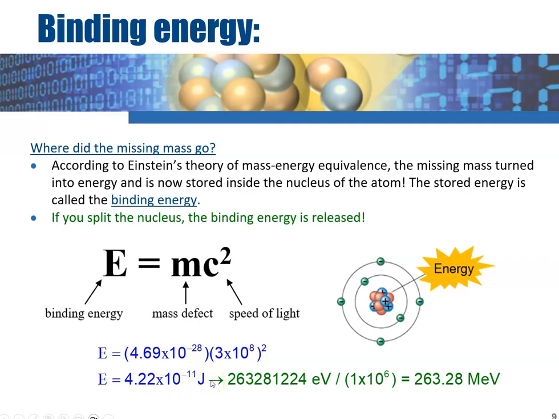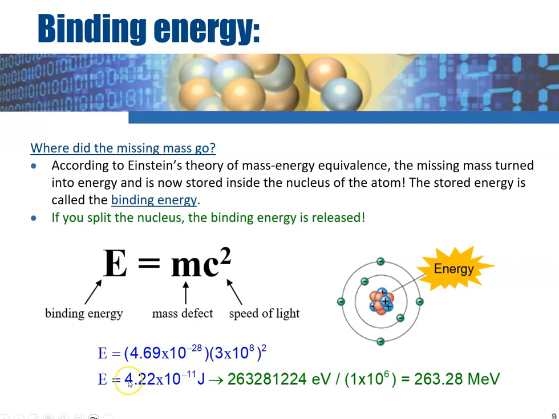You can see the amount of energy in one nucleus of phosphorus 31 is not a lot, 10 to the negative 11 joules. But it's more common to talk about binding energy in the units mega electron volts. So let's convert these joules into mega electron volts.